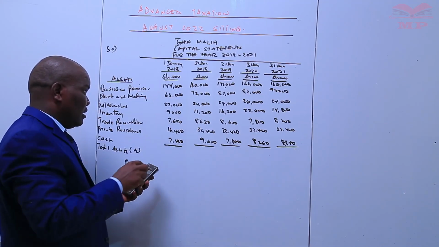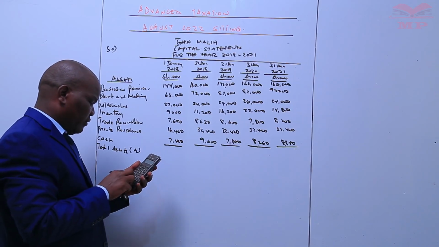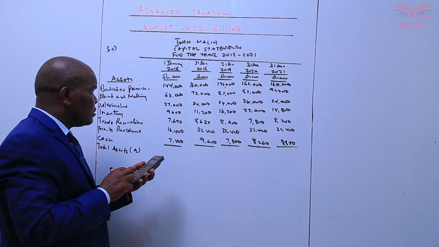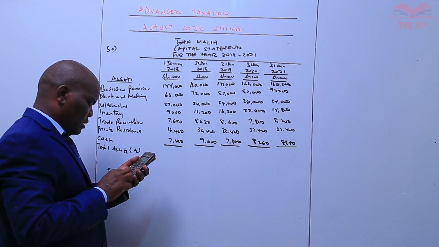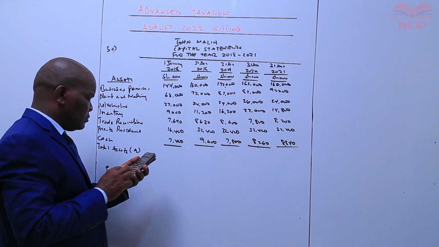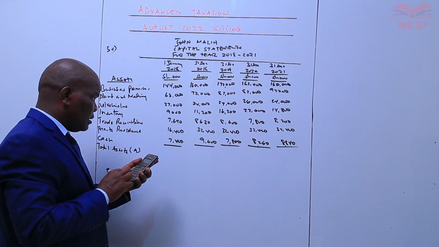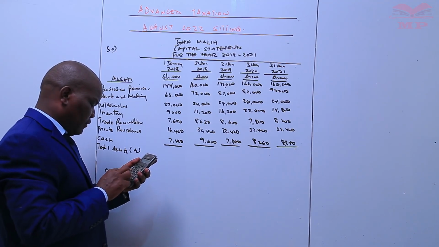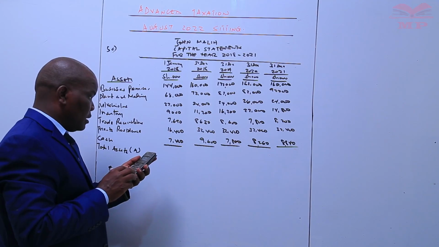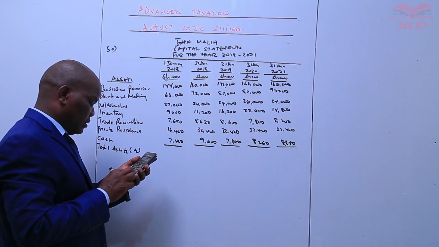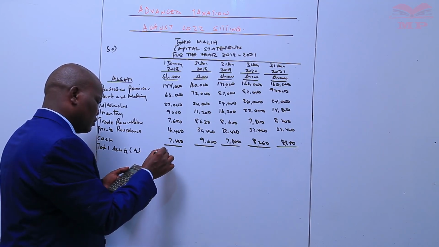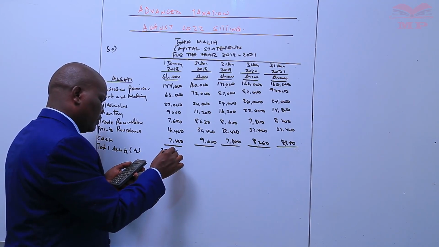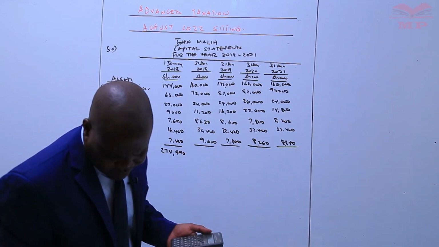2018 January, we have 144 plus 68,000, 22,000, 9,000, 7690, 16,400, and 7,400. I'm getting 274,490. You can do it with me so that you confirm.